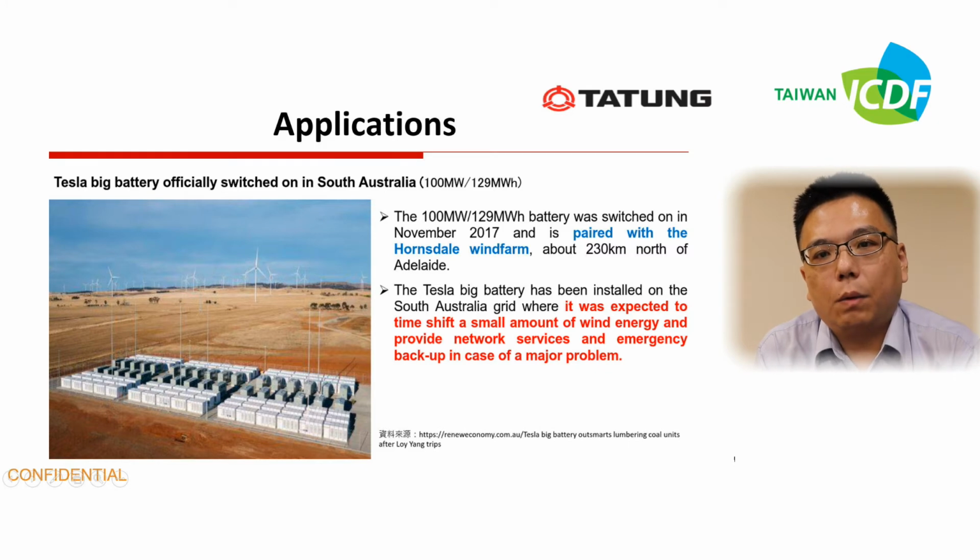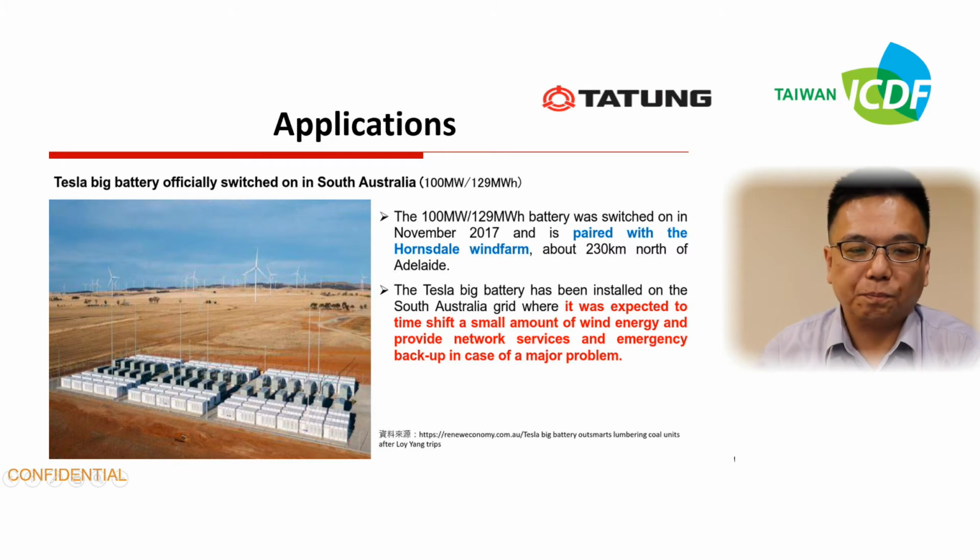This 100 megawatt, 129 megawatt hour battery system was switched on in November 2017, paired with a wind farm about 230 kilometers north of Adelaide. The Tesla big battery system was installed on the South Australia grid, where it was expected to time shift a small amount of the wind power and provide network service and emergency backup in case of a major problem.